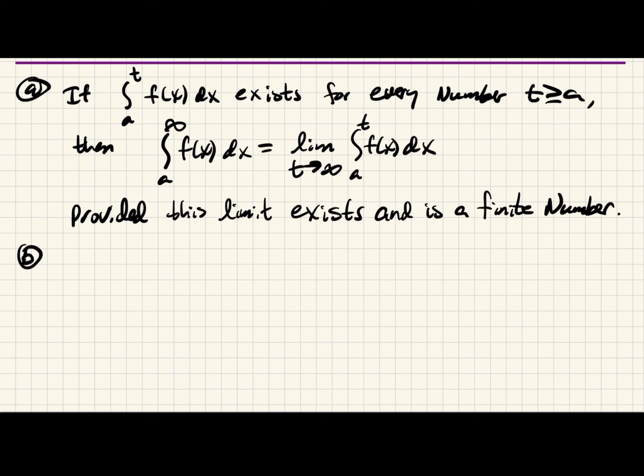Part B. What if it's the other way? What if we're looking at the other side of 1 over x squared? In that case, we would be going off to negative infinity, and that would be the bottom limit on our integral.